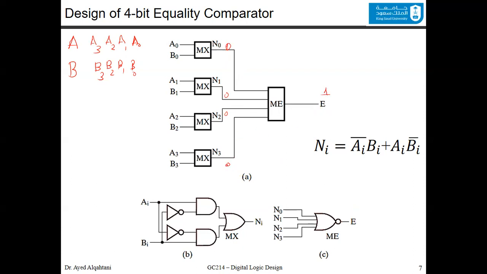Other than that, if there is any 1 here, which includes all the other 15 cases, it will give E equal to 0.